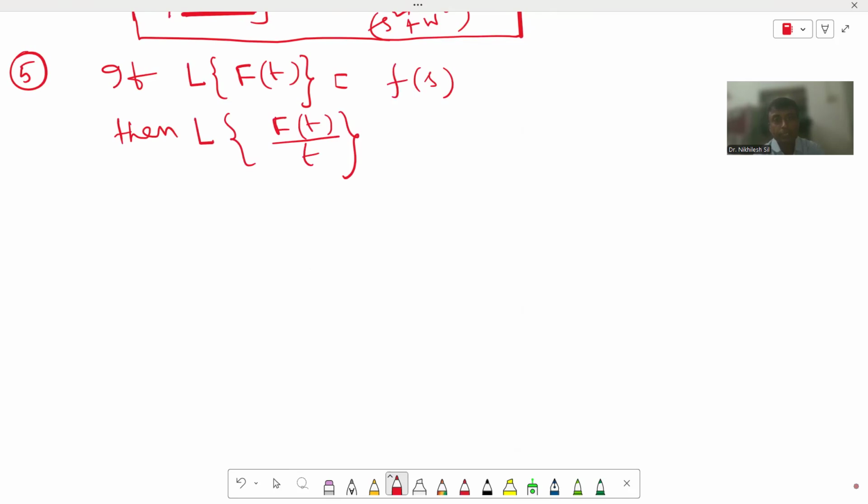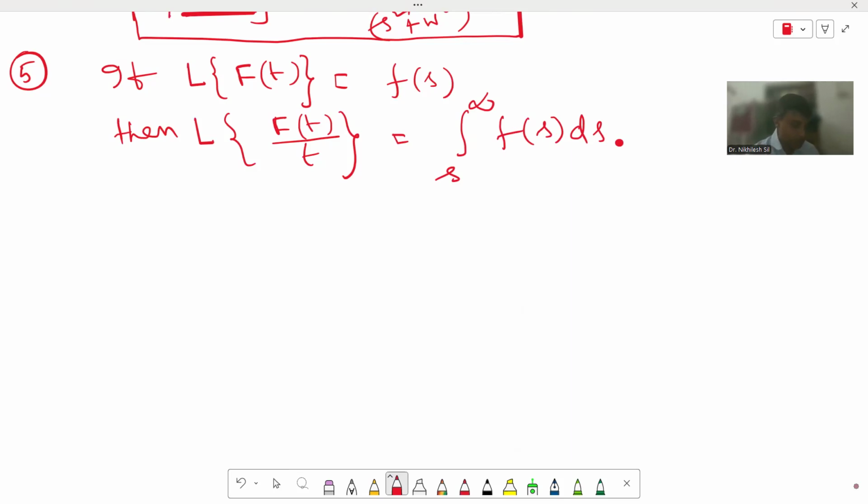So if f(t) is multiplied by t, then it will be the derivative. If f(t) is divided by t, then it will be the integration. Clear? If f(t) is divided by t, then this will be the integration of F(s), and if f(t) is multiplied by t, then it will be the derivative.